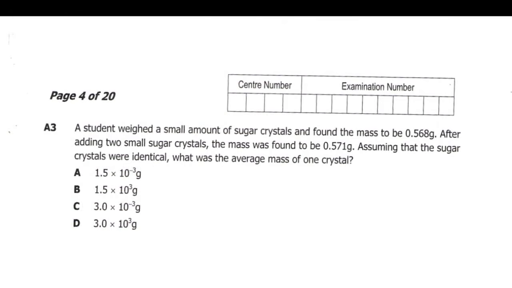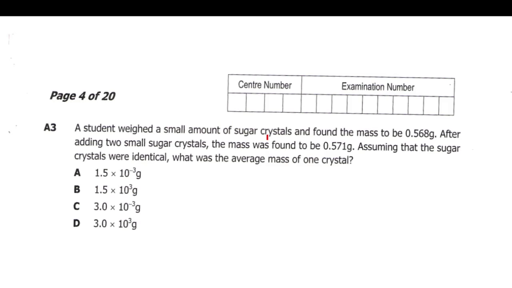Let's go to 3. 3 reads, a student weighed a small amount of sugar crystals and found the mass to be 0.568 grams. After adding 2 small sugar crystals, the mass was found to be 0.571 grams. Assuming that the sugar crystals were identical, what was the average mass of one crystal? All right.